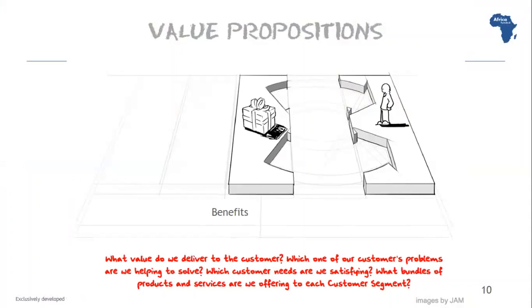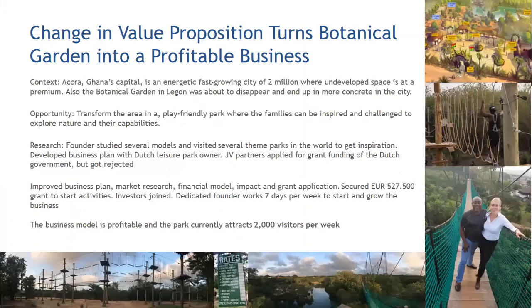And the value proposition is really something to spend some time on. I see often people write down some technical specifications of their product, but it's not the value proposition. The value proposition is really about the benefits. What kind of benefits do we offer to customers?